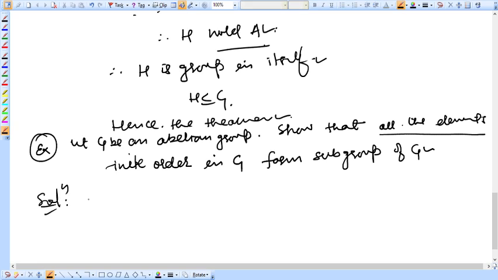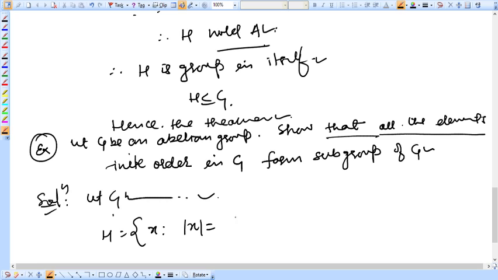Solution: let G be a group, you just write it by yourself. Now let us name this set H, and H is a set which contains all the elements of G which have finite order, that is, all those x whose order is finite.